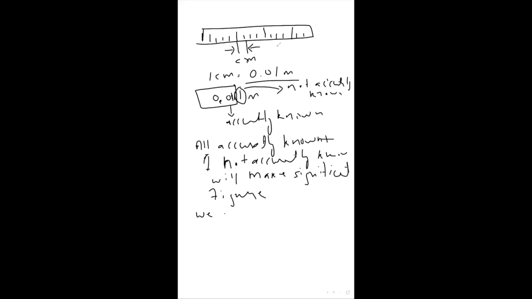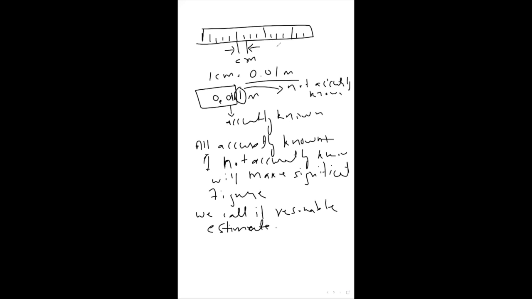We sometimes call it a reasonable estimate, because with all the well-known, accurately known digits, and with one doubtful digit, you have a reasonable estimate. That's why these are called significant figures, right?